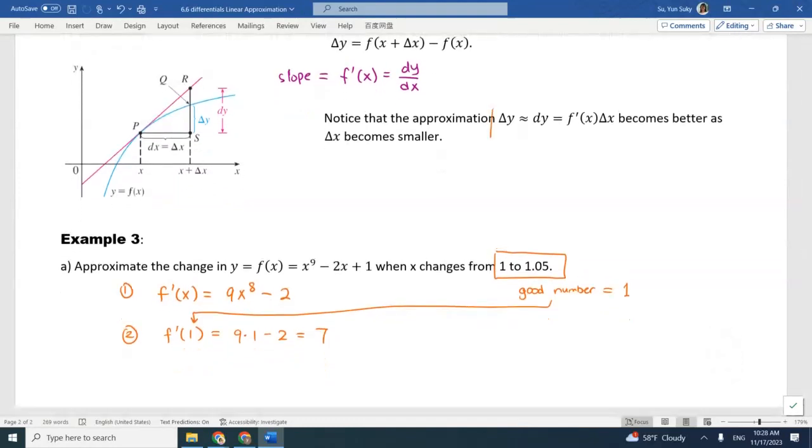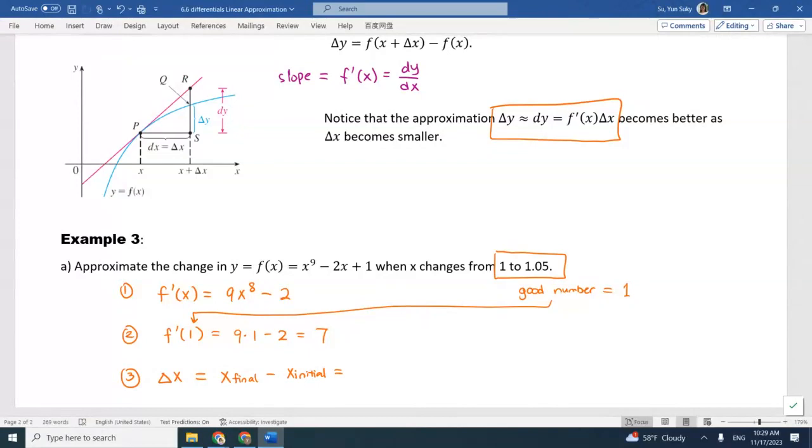So the formula we're using is this. We want to approximate what is change of y. And it's the derivative times change of x. So step 3 computes the change of x. That is the final value of the x minus the initial value of x.